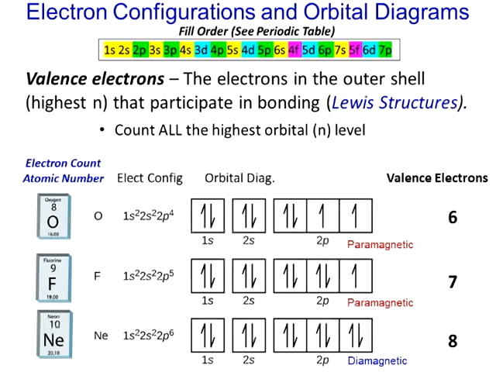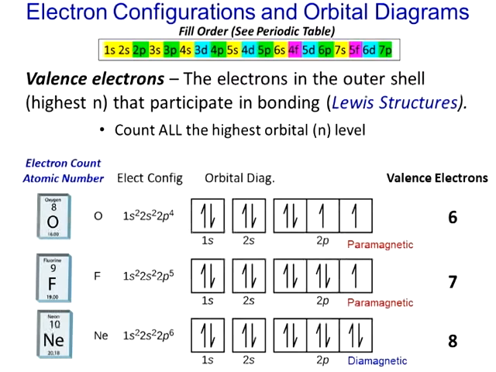Now, when we look at the valence electrons in oxygen, and when we talk about drawing oxygen as an atomic species, we only draw it as monoatomic oxygen. So we have our monoatomic oxygen here, and if we look at the highest n value, that n value is 2.